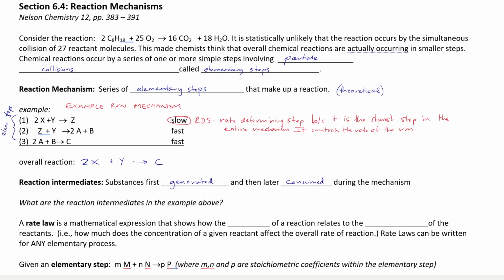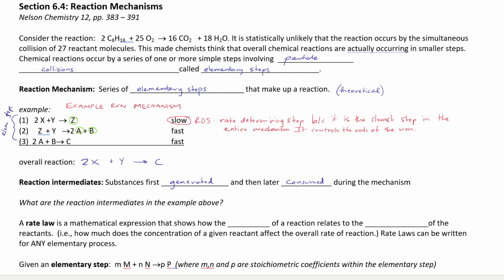We generate Z right there. Then Z produces A and B. Then 2A and B are then consumed to form C.